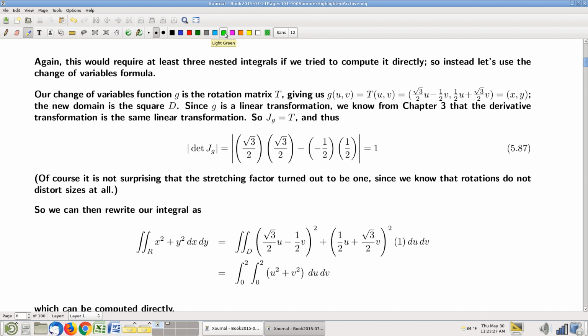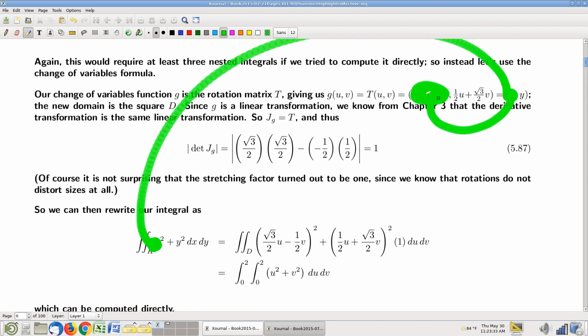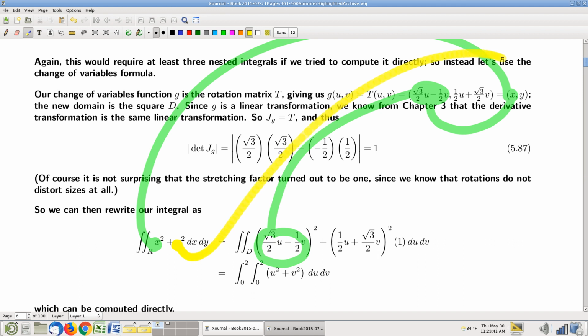Remember, I've got to plug in for what x is. X is that, right? Y is this thing. So all I'm doing there is plugging in.